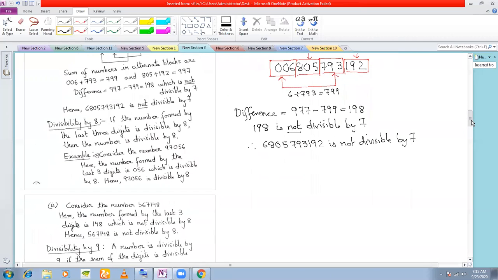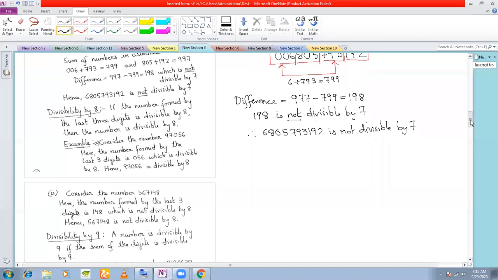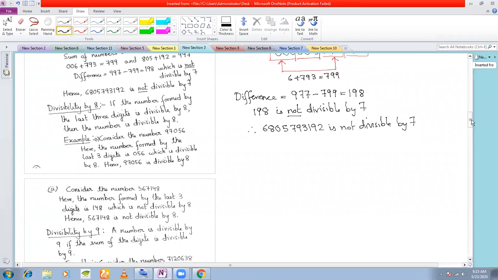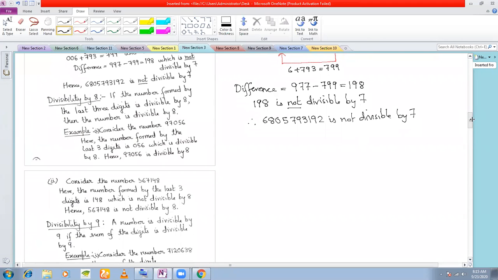You won't be able to use them anywhere. In fact, not only prime factorization, but in your other sums also, you will be using divisibility tests later on. In your class 9 and 10, you'll be using divisibility tests.